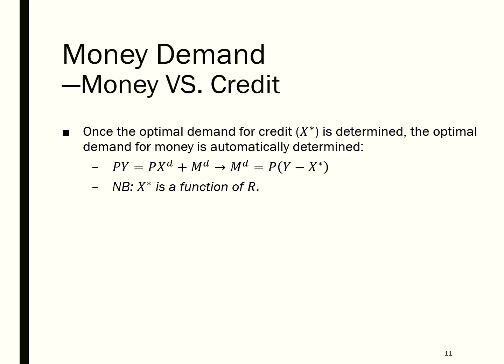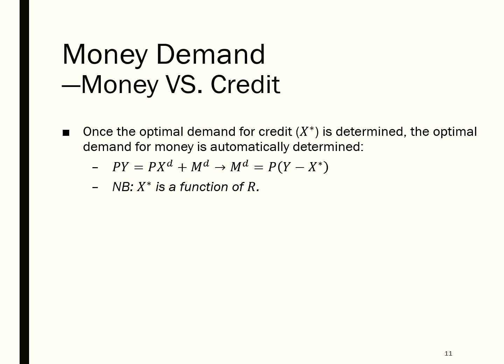If you rearrange it a little bit, you will have MD equals PY minus PX to start with, and then you factor out P, so you get this new expression. We do that because ultimately we want to know what the money demand is in this model. So money demand is basically equal to P multiplied by Y minus X.